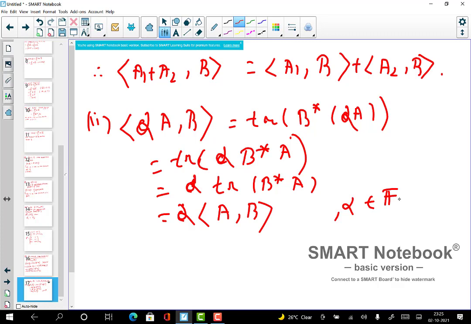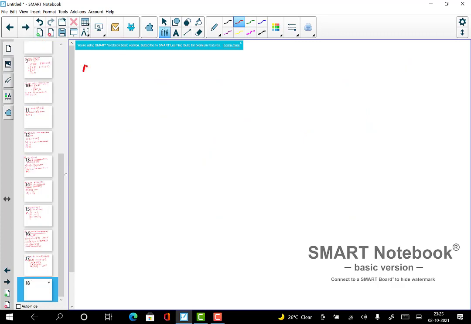Now the third property is also important. What is the third property? The third property tells you about the complex conjugate. So how do you prove it? You start with the matrices A and B, take the inner product and take the bar.